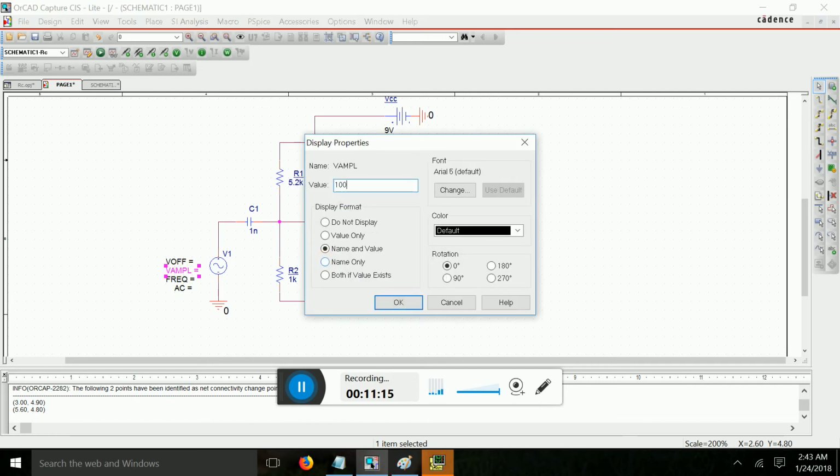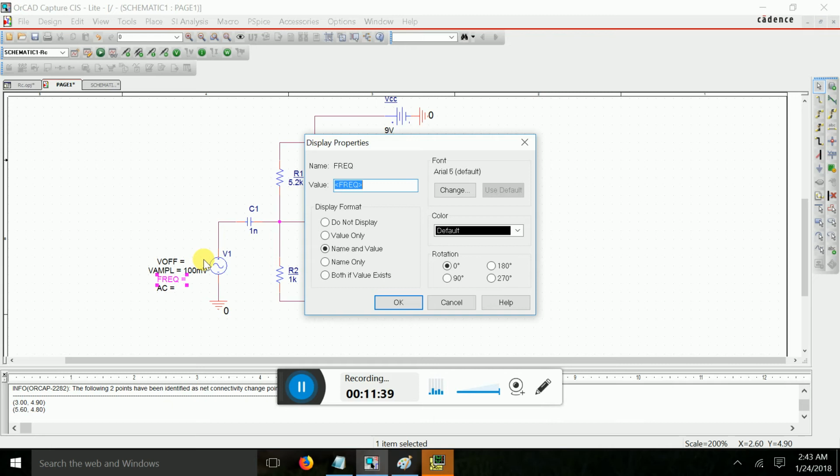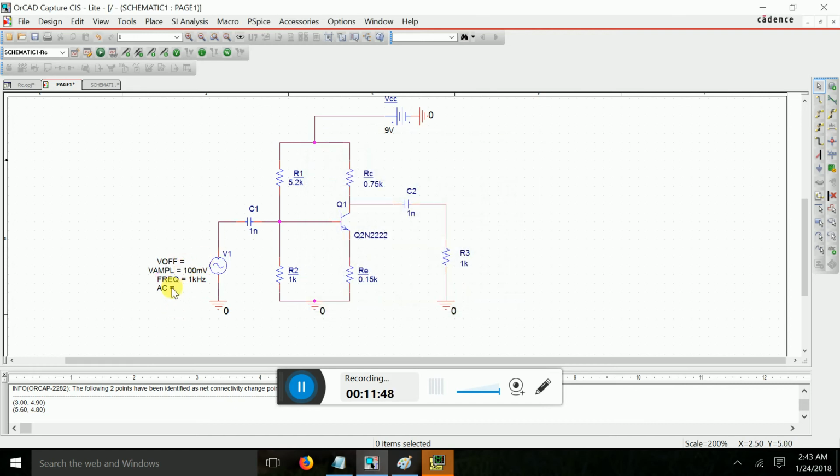Let me choose the amplitude first as 100 millivolts. Let me choose the frequency as 1 kHz. VC should be 0. Now here I put this.